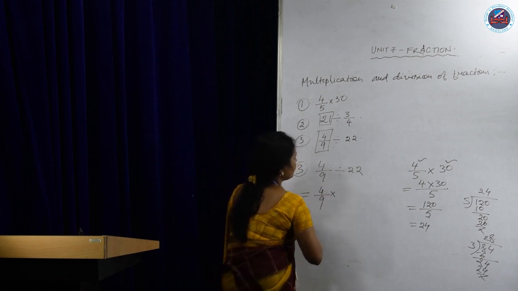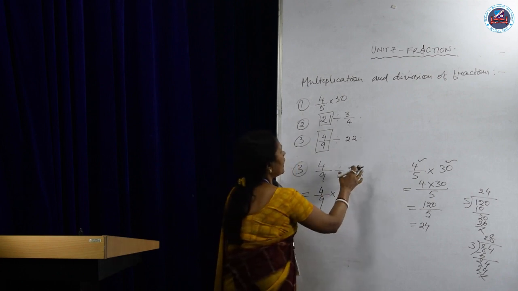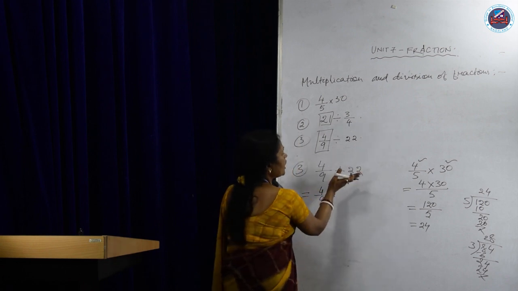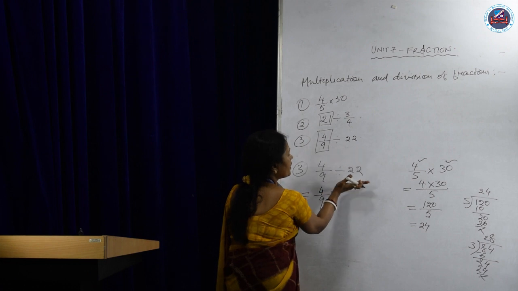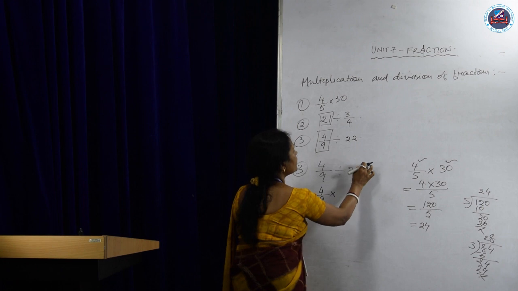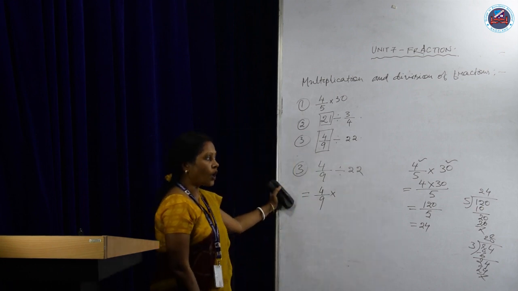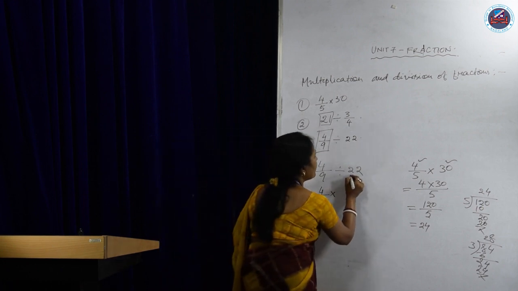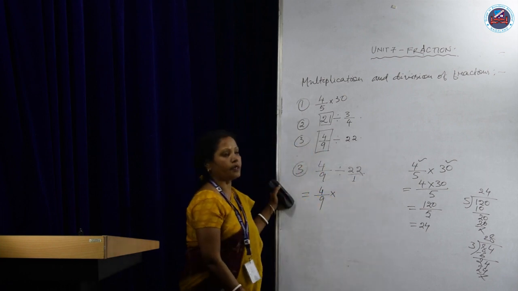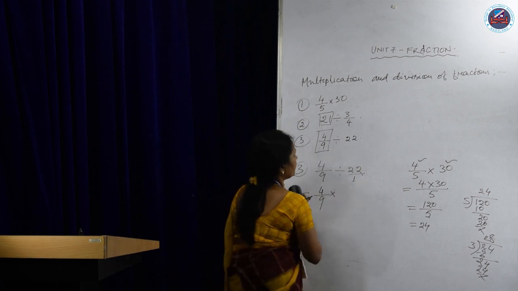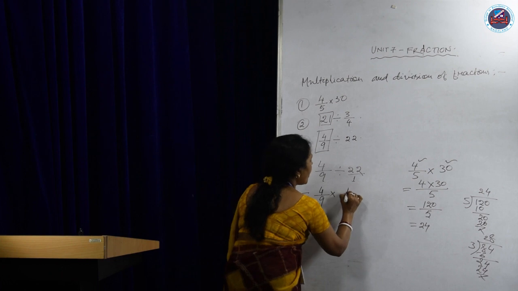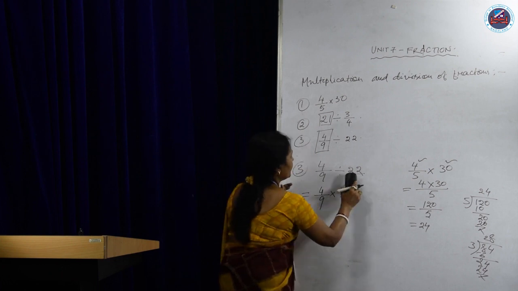Divide will turn into multiplication and the second number will be upside down. Upside down means the lower number will go up and the upper number will come down. But here there is no lower number at all, it's a whole number 22. But we all know that every whole number has a denominator, that is 1, which is invisible. When you turn it upside down, it will become 1 by 22.